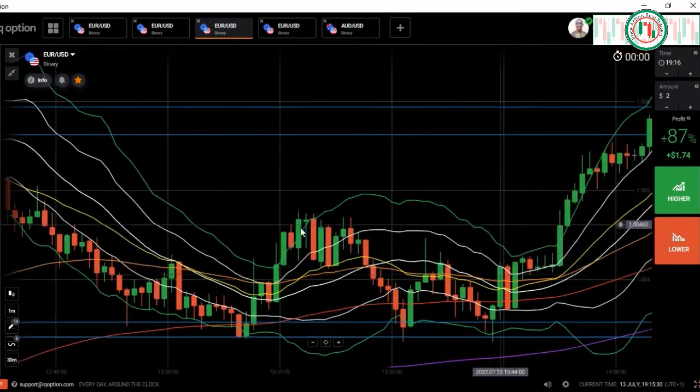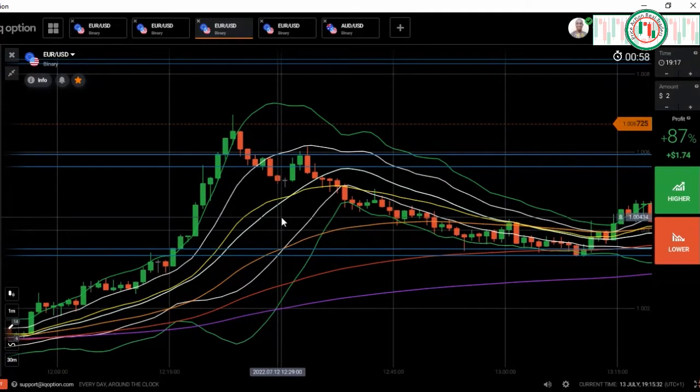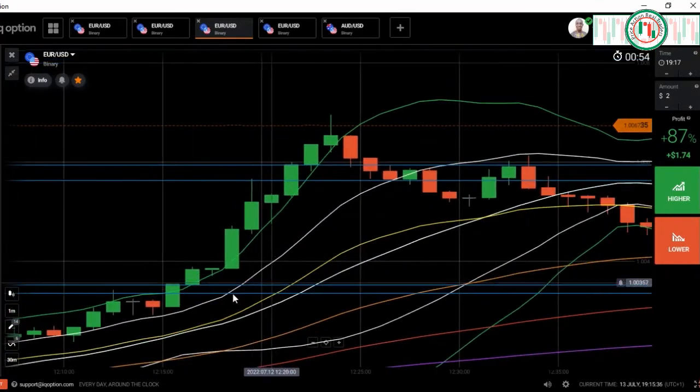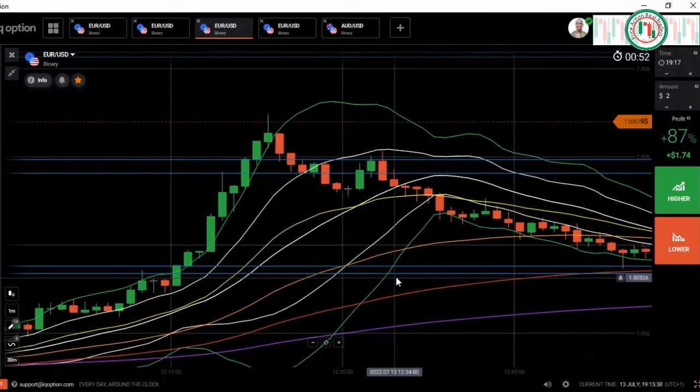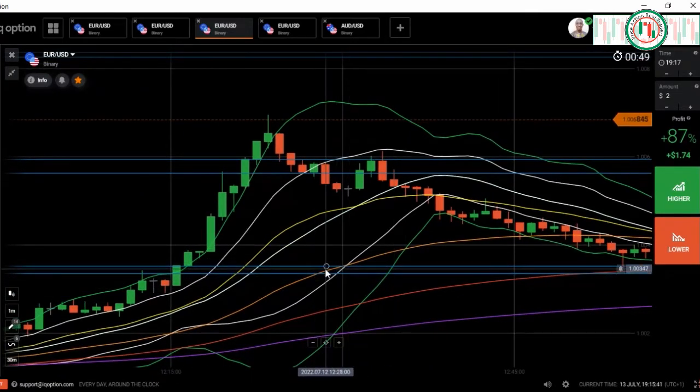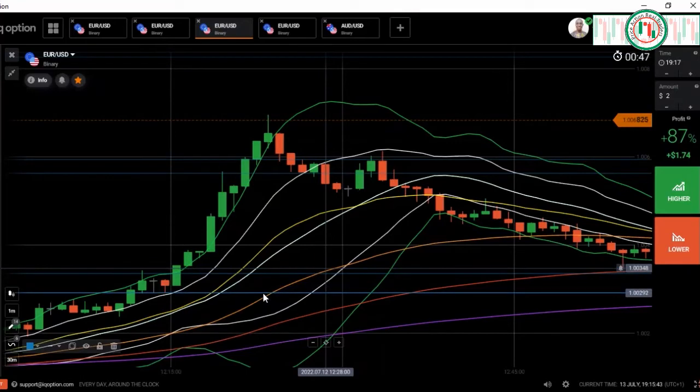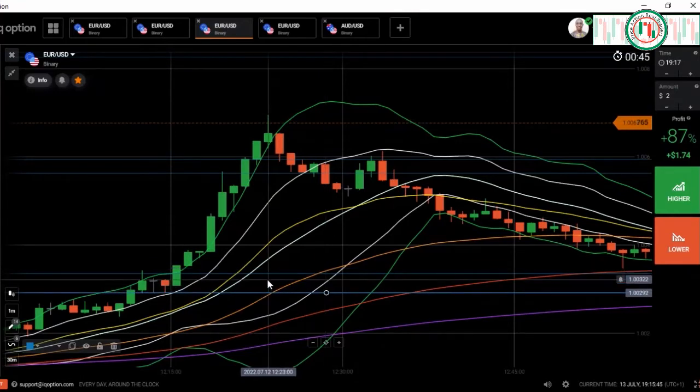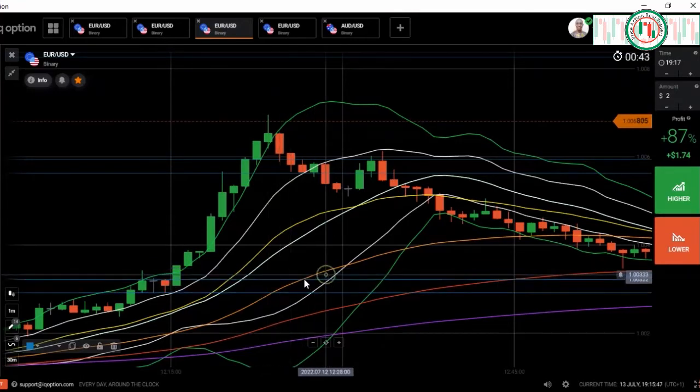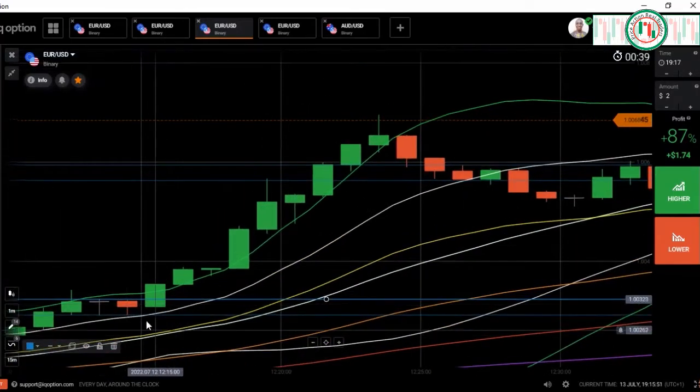Let's check another one. You see here, even though this is low volume market, this is the zone. You draw this tail of this candle, then you draw the opening price of this candle.